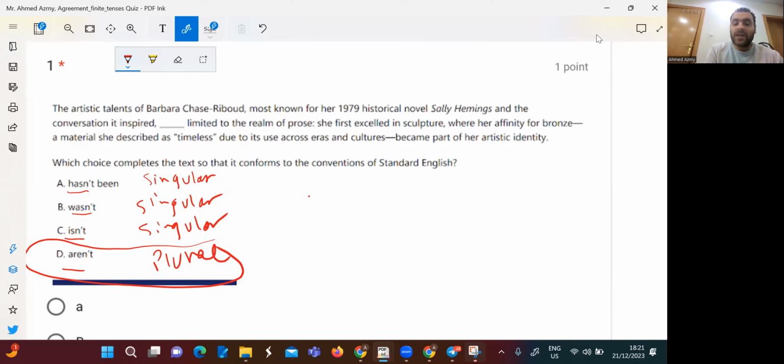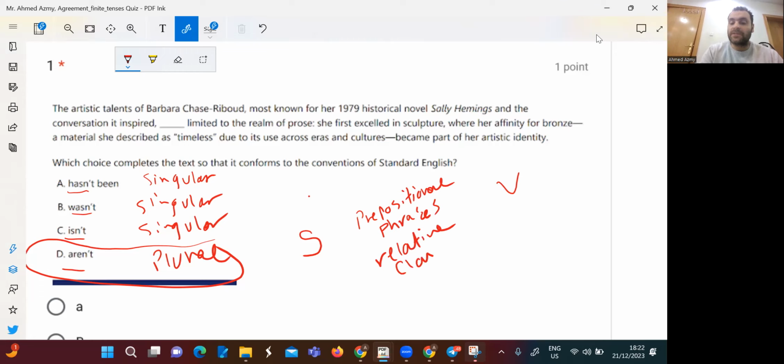What is the rule? The rule is, if you want to get the simple subject, you will find the subject and the verb are separated. They can be separated by prepositional phrases, relative clauses, or comma, interrupter, comma, dash, interrupter, dash, or bracket, interrupter, bracket.